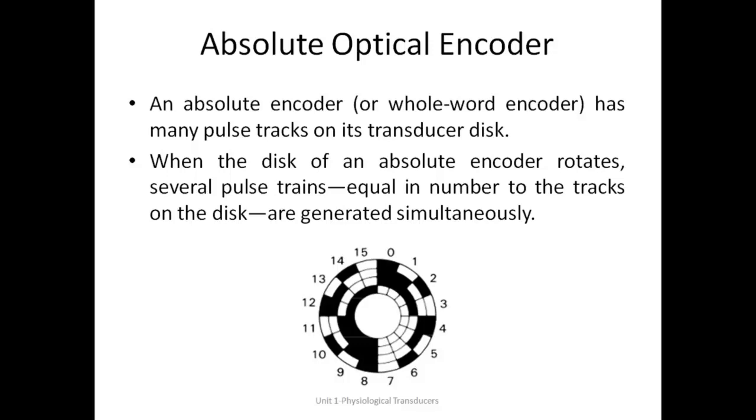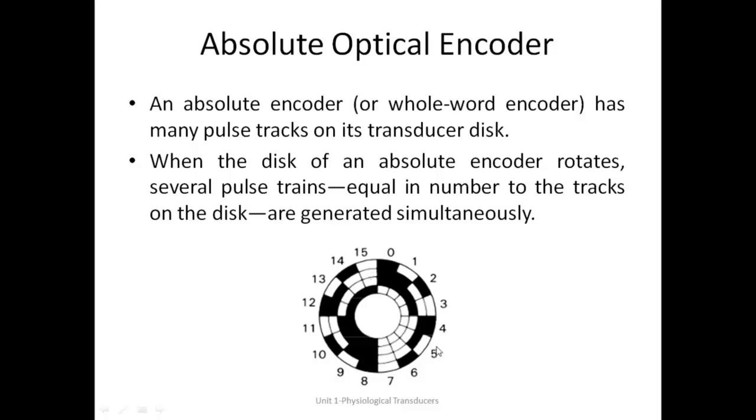Every slot, for example, you see slot 0. This particular section 0 again has 4 slots in it. Similarly, if I see this section 15, this section 15 again has 4 slots in it.